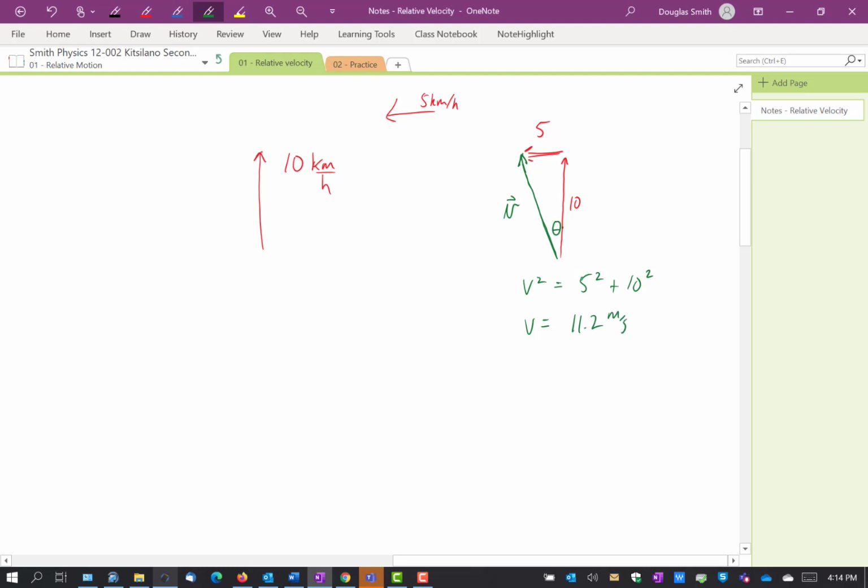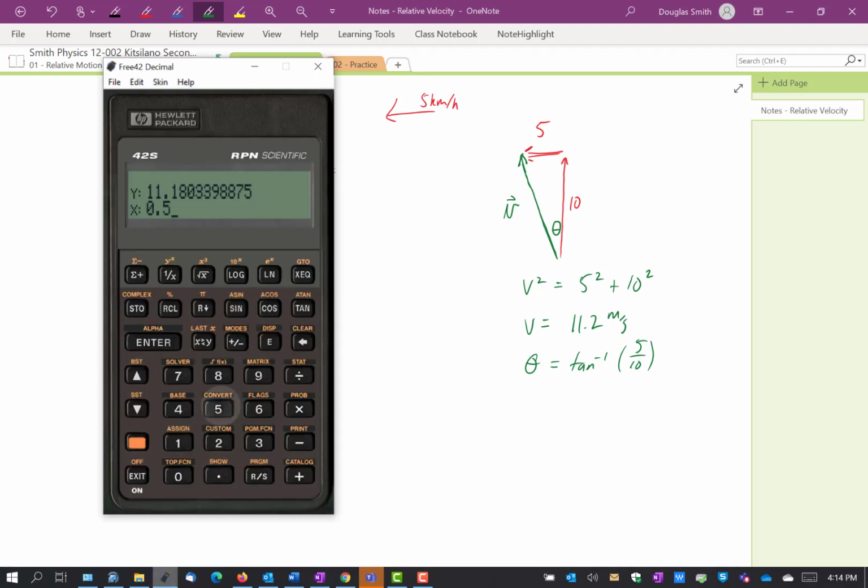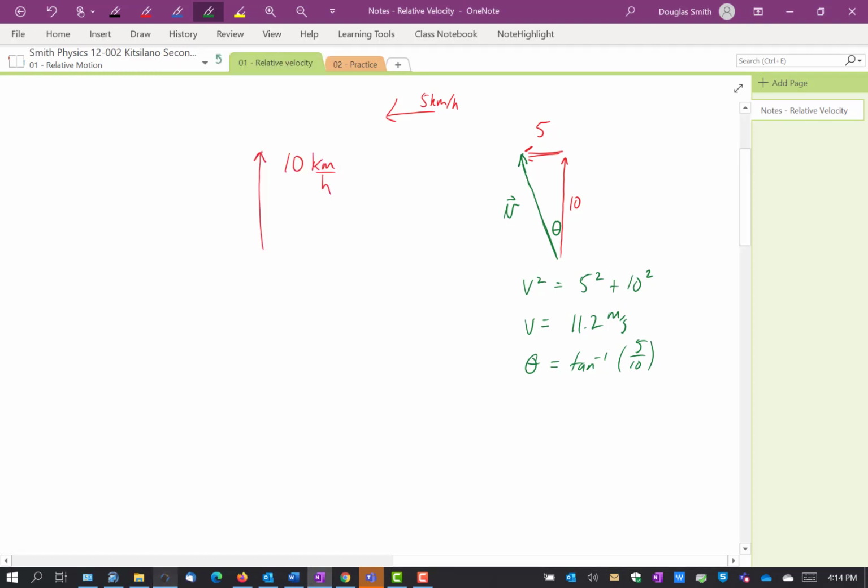And you can find out that angle as well. That is inverse tan of 5 over 10. It's a half, 0.5. So that's 27 degrees. I kind of skipped through, so let's go through that a little bit slower.